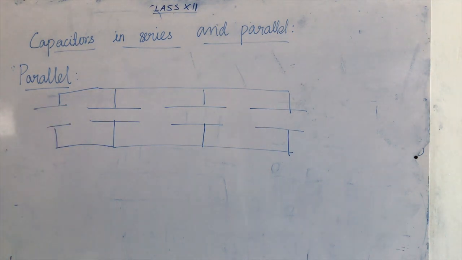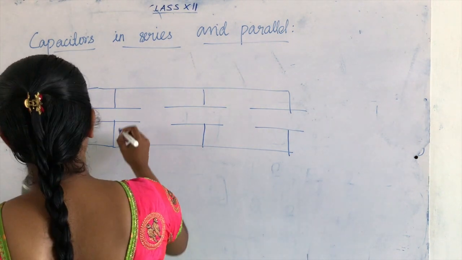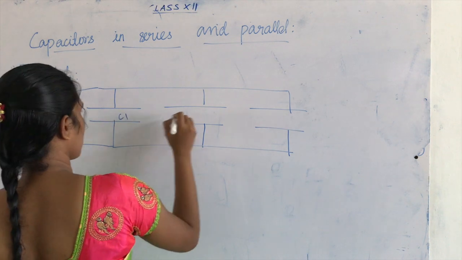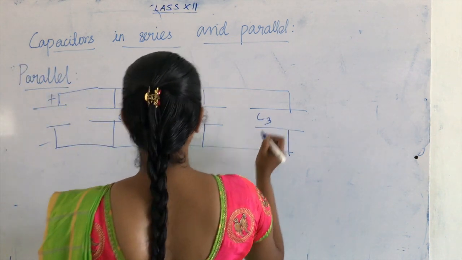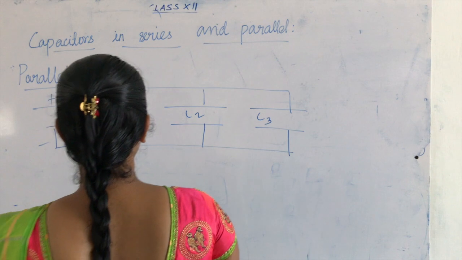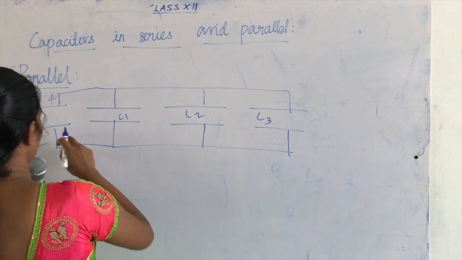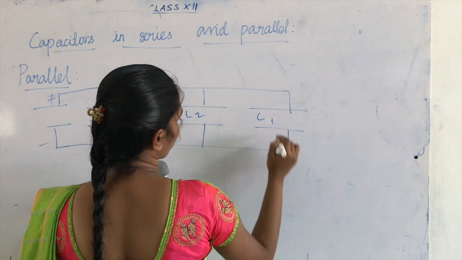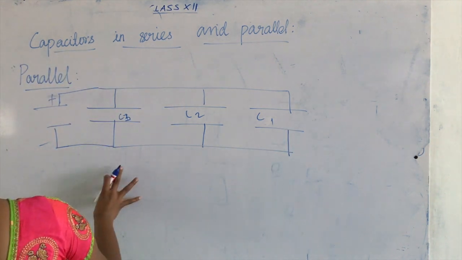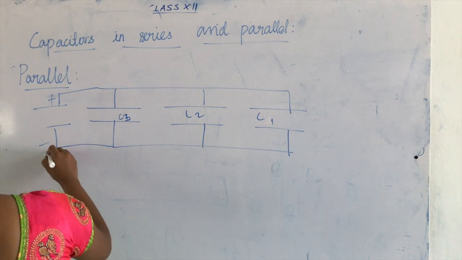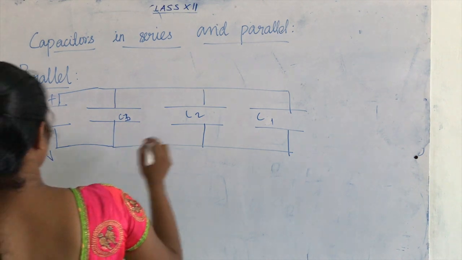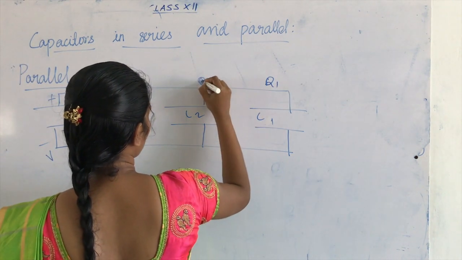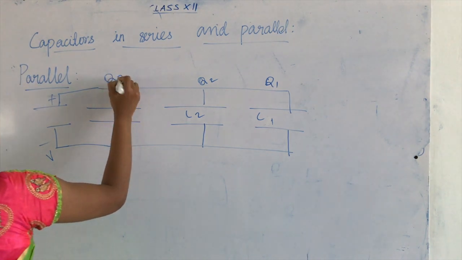Now this is connected to a battery, positive and negative terminal. There are 3 capacitors, C1, C2, C3. So C3, C2 and this is C1. Right. Here voltage is same and the Q is different. So Q1, Q2, Q3.